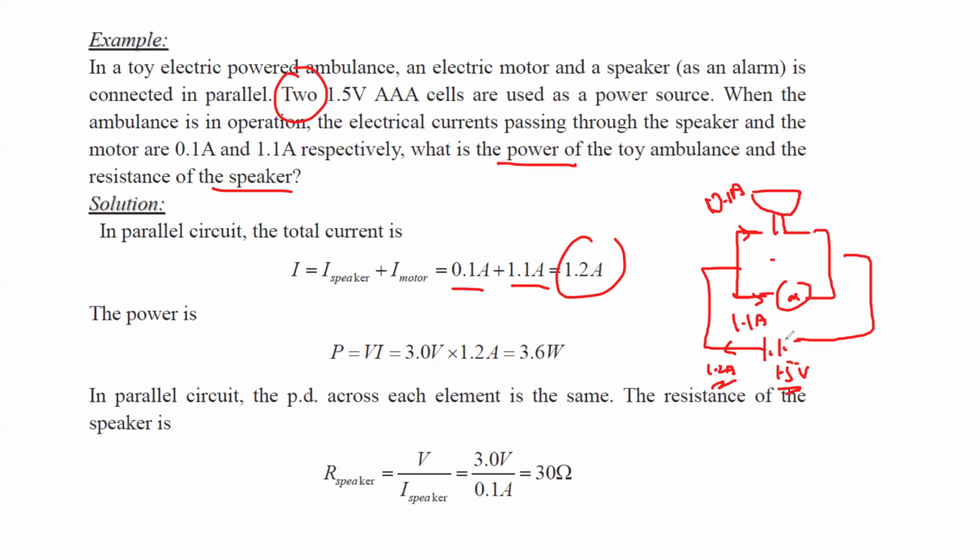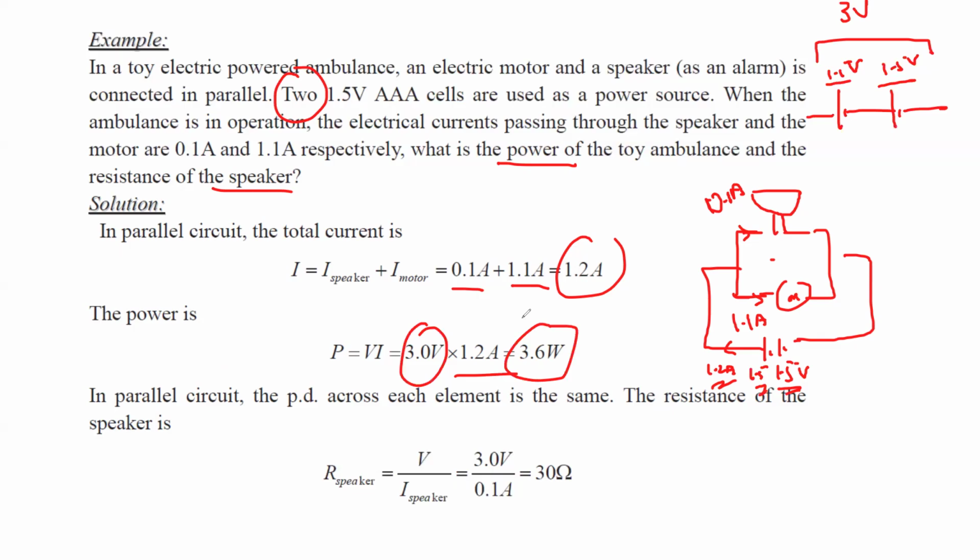Each is 1.5, so the total EMF will be 3. That's why 3 is used here. So 3 times 1.2 gives 3.6 watt. That is the total power of the ambulance circuit, which includes a speaker and a motor.